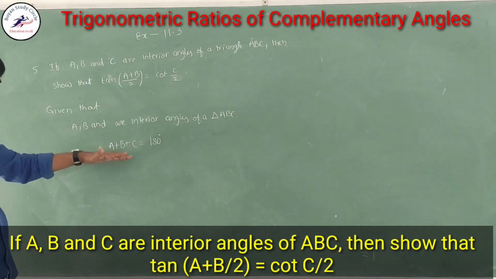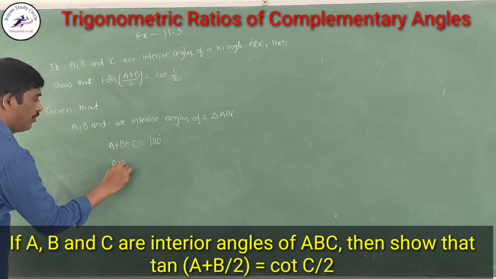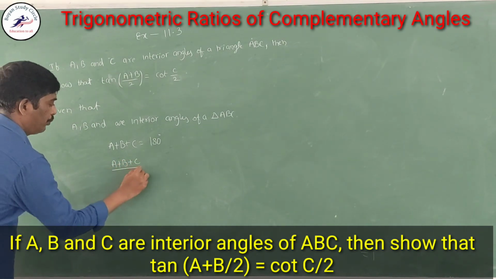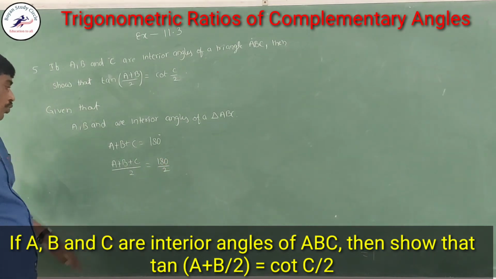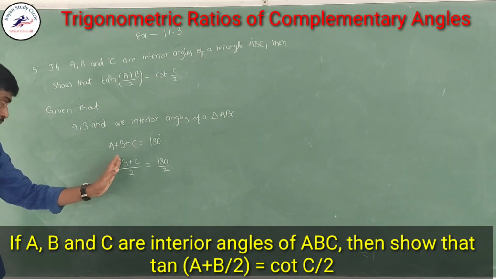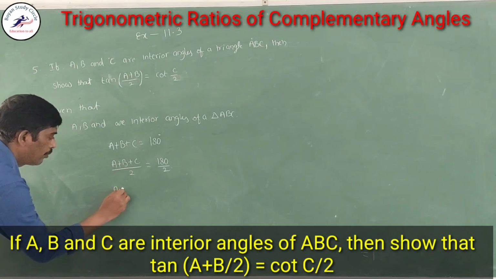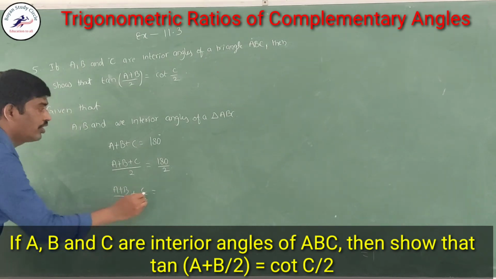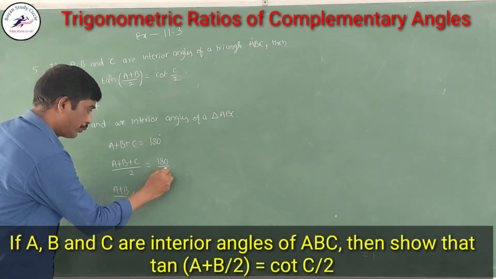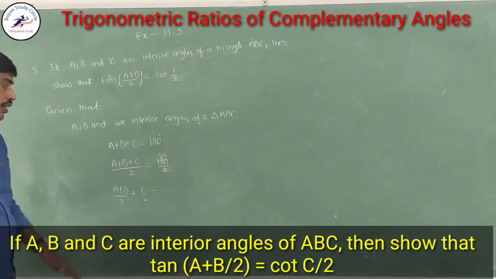Divide both sides by 2. So that becomes (A plus B plus C) by 2 equals 180 by 2. Here we are going to separate (A plus B) by 2 and C by 2. So (A plus B) by 2 plus C by 2 equals 180 by 2, which is 90 degrees.